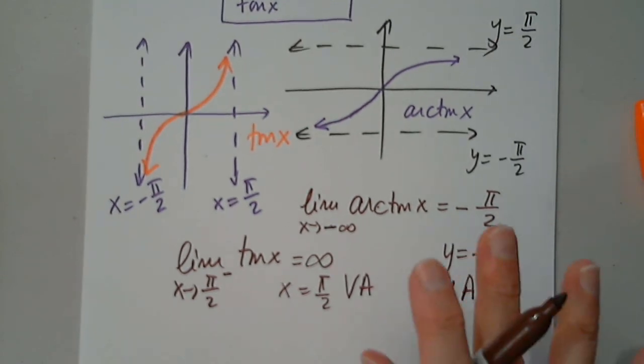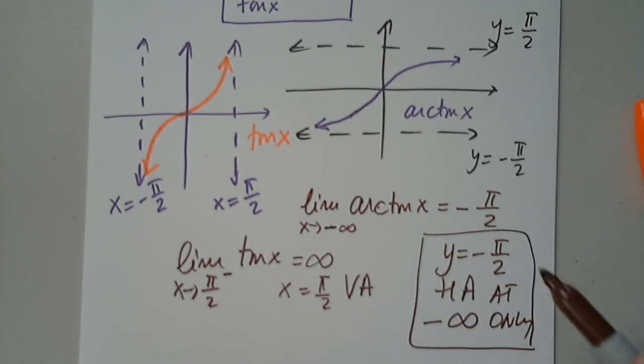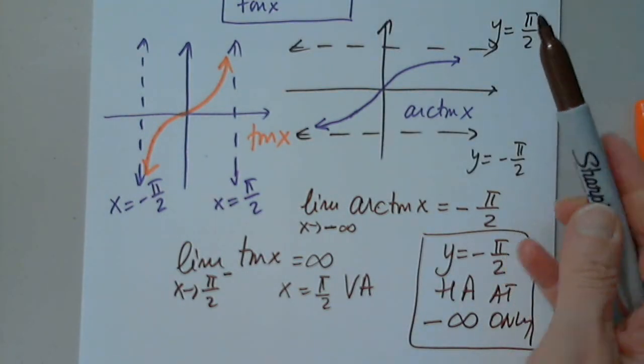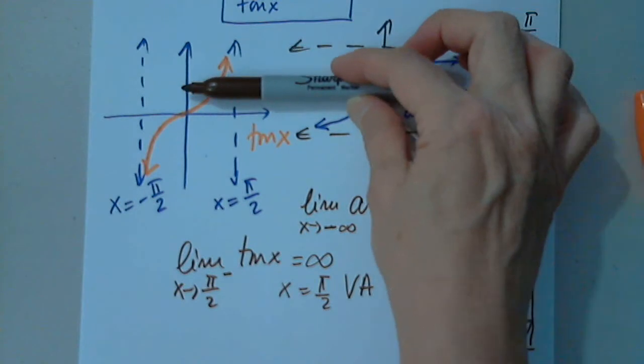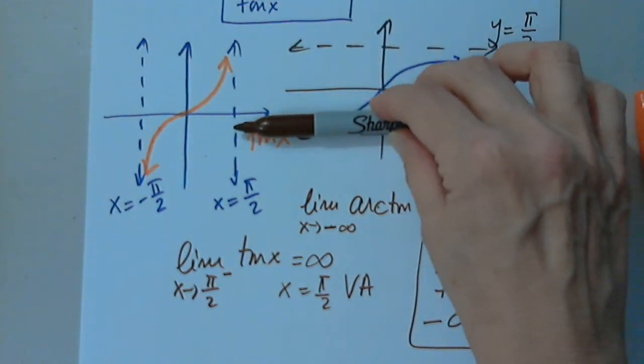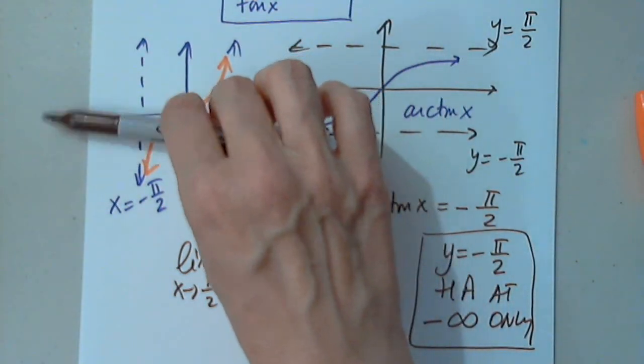Careful now, we have not seen this in normal rational functions, right? At negative infinity only. Because at the other end it is positive pi over 2. So when x approaches negative infinity, the function values get closer and closer to negative pi over 2, only at negative infinity.